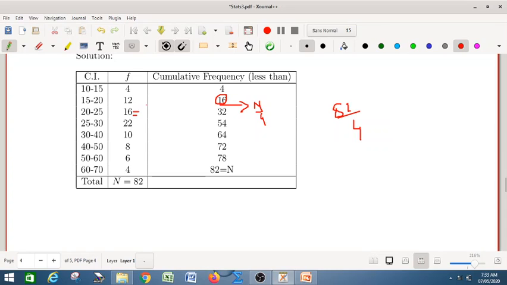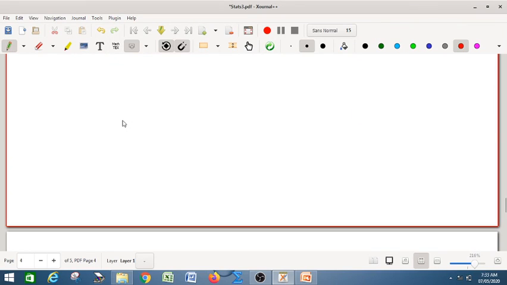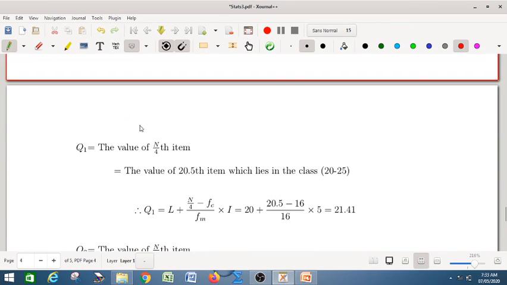This is Fm, frequency of the quartile class, and this is the class containing the quartile Q1. So 20 is the lower boundary of the quartile class. Look at that, the formula you have applied: 20 plus this calculation, (20.5 minus 16) by 16 into 5, width of the class. So this gives you this.